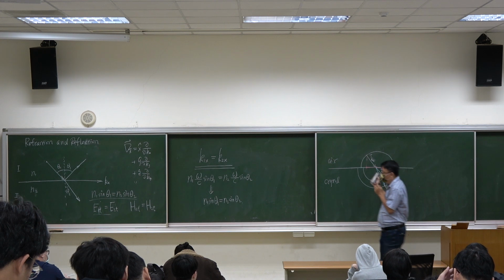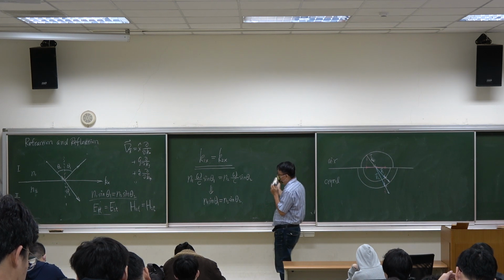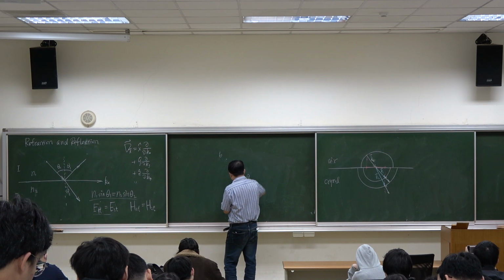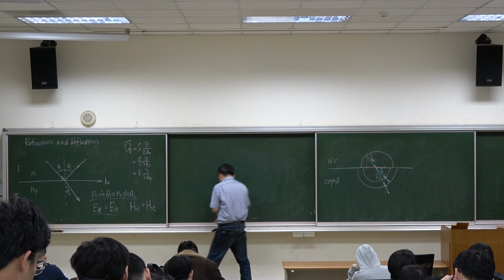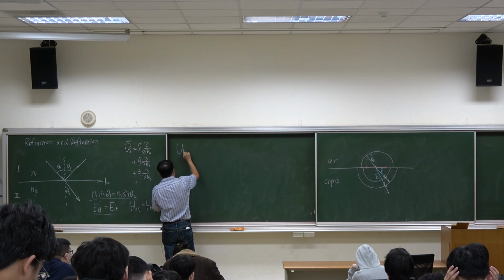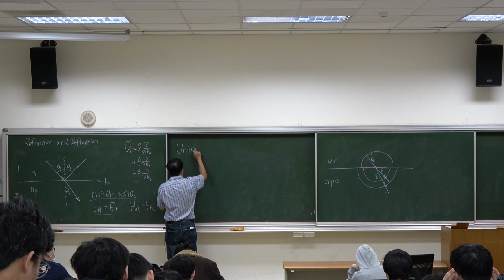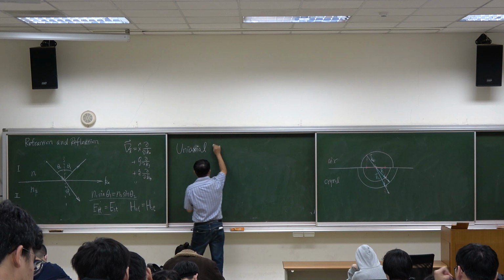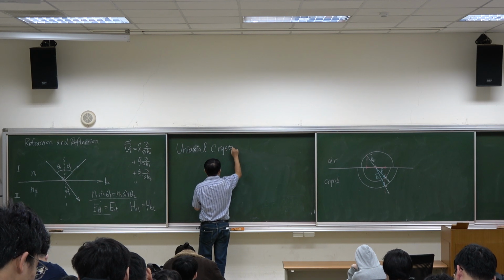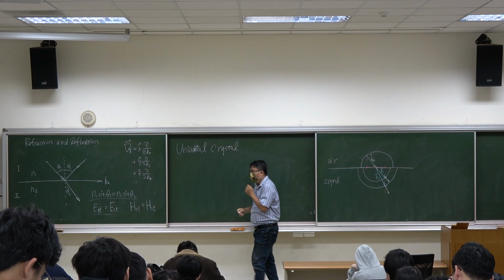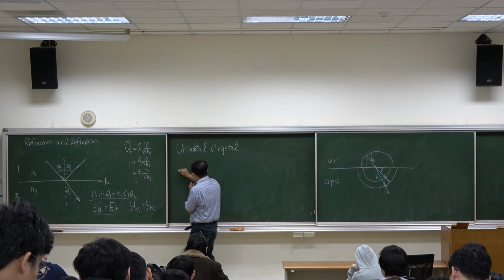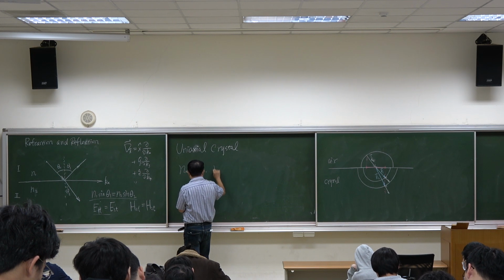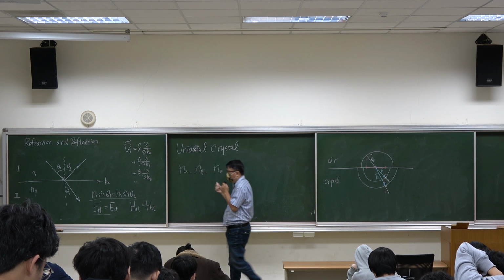We can apply this idea to a simple case, the so-called uniaxial crystal. Uniaxial crystal means that of the 3 principal refractive indices, 2 of them are the same.